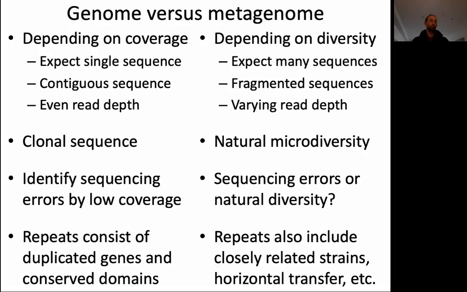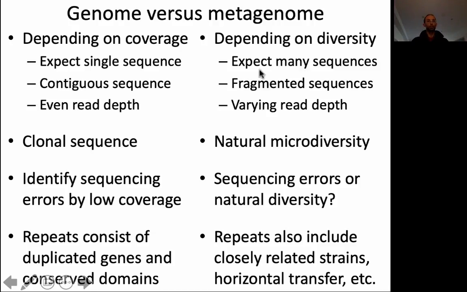This sequence should be contiguous, especially if we're dealing with a bacterial sequence that contains only a single chromosome. Then we expect one sequence to arise from the assembly, and it should be reasonably evenly covered. So the length of the genome should be covered by more or less the same number of reads, leading to a stable depth profile along the length of the contig.